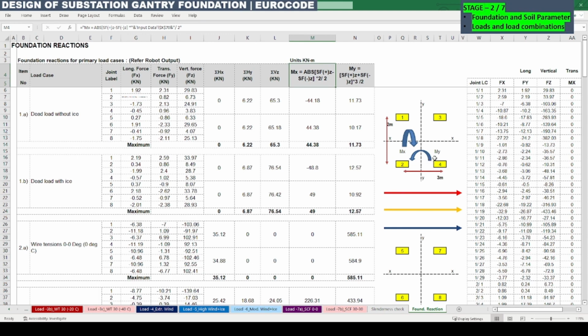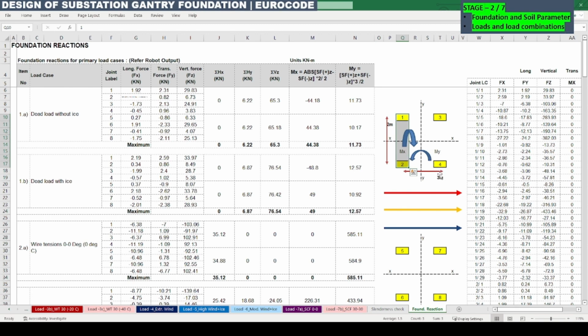Similarly, in order to calculate the moment along y, we need to consider this distance as the lever arm, because the moment My will cause, with respect to this, two pedestals on one side and the other two pedestals on the other side. These two pedestals 3 and 4 will cause tension together, and these 2 will cause compression, so that this moment will be effective.